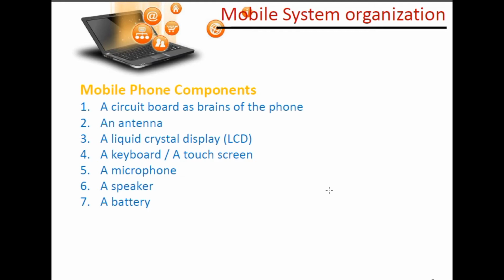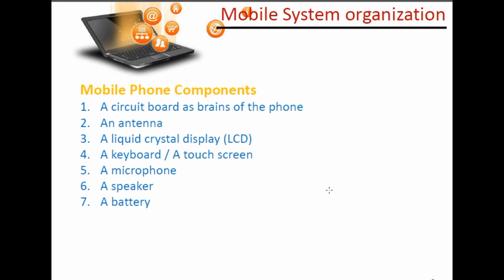Now we are going to understand how many components there are. A mobile phone has 7 components, students, which are as follows. The first part is a circuit board, or we can say the brain of the phone. Second, an antenna. Third, a liquid crystal display, also known as LCD.